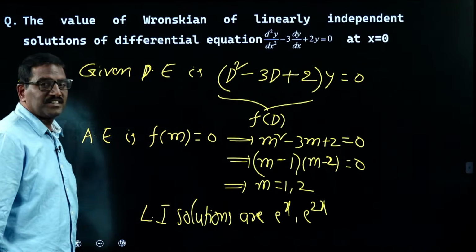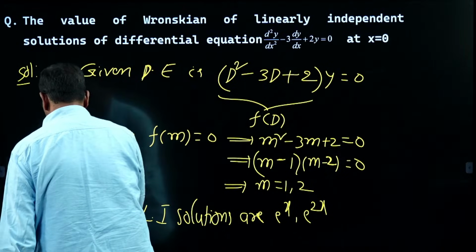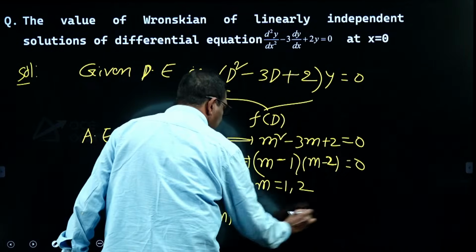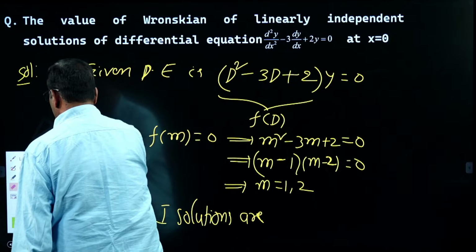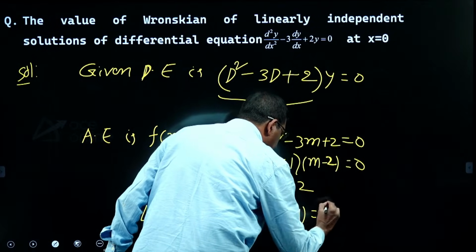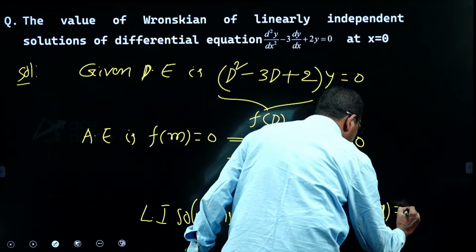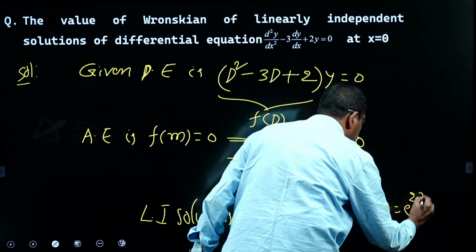So, what is the Wronskian? Suppose for the linearly independent solutions, I will give the names also. You can take them as u comma v. Linearly independent solutions are u of x is equal to e power x. Another linearly independent solution, you just give a name as v, that is e power 2x.